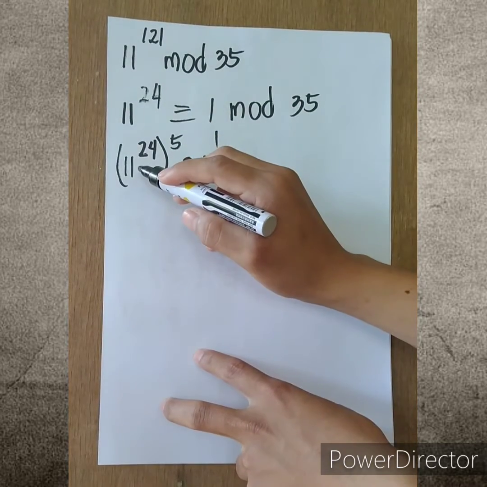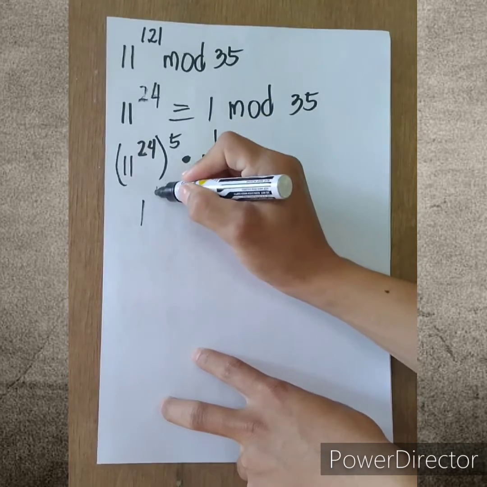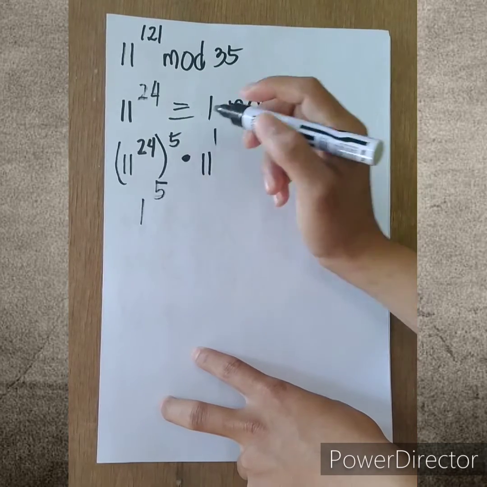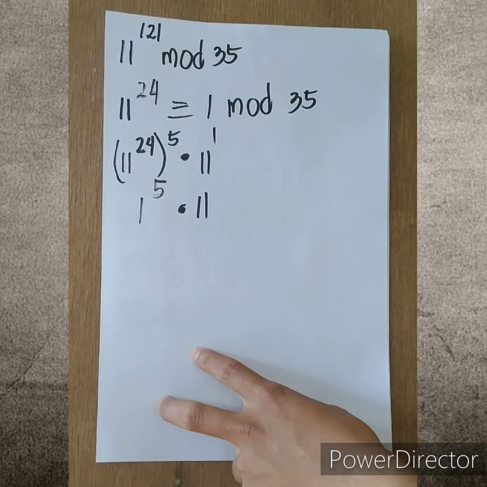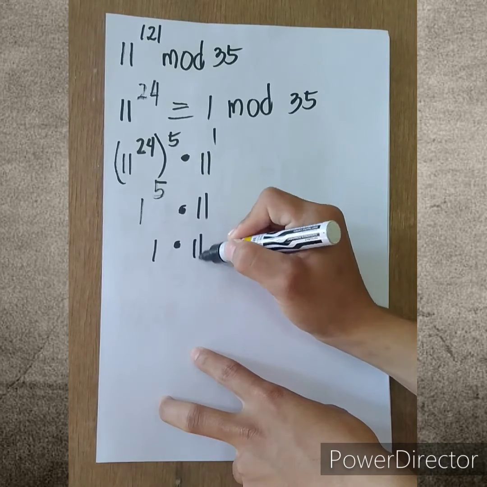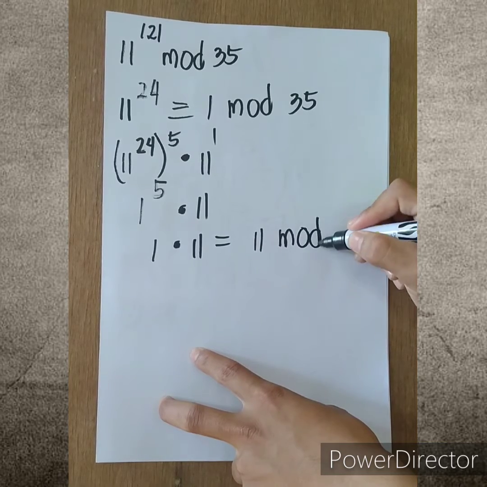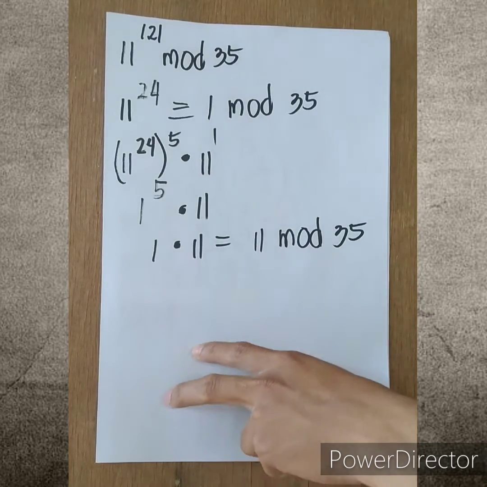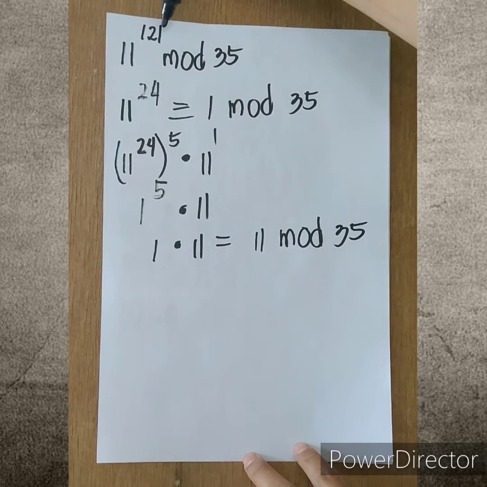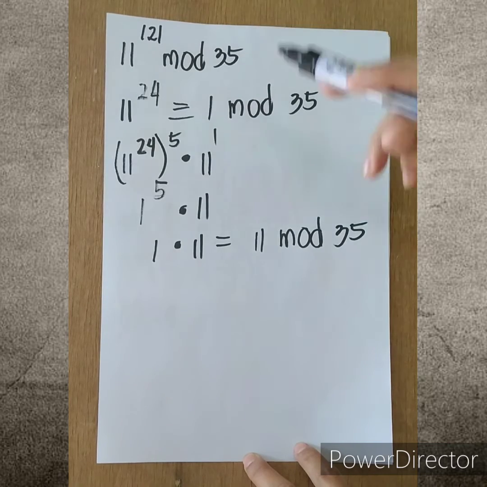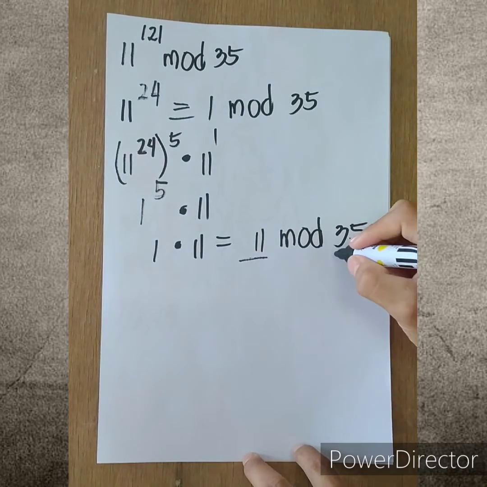Since 11 raised to 24 is just equal to 1, let us write 1 raised to 5 times 11. So 1 raised to 5 is just 1, times 11. So our answer here is 11 mod 35. Meaning when you divide 11 raised to 121 by 35, you will get the remainder of 11. So 11 is the remainder and 35 is the divisor.